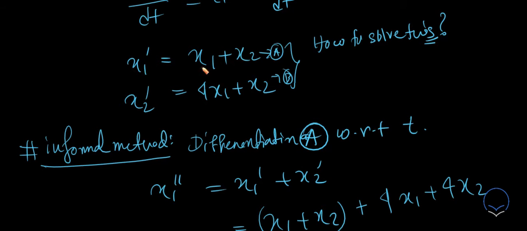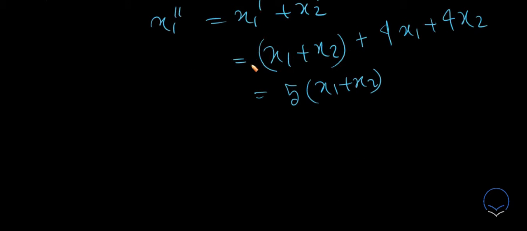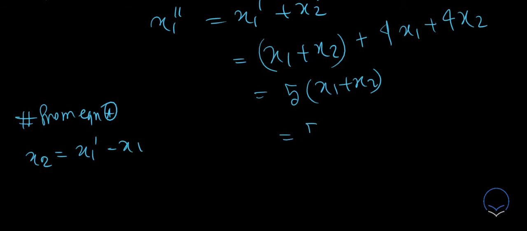You just take a look at equation A, and you can easily see that x2 is simply x1 prime minus x1, and now you can put this over here. So x1 plus x1 prime minus x1, right?